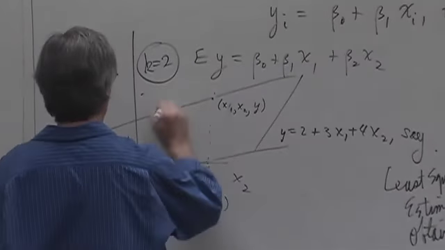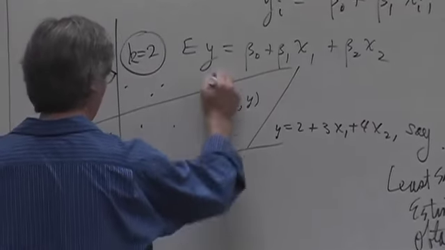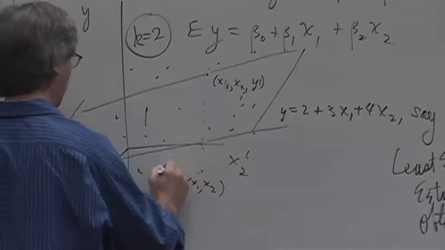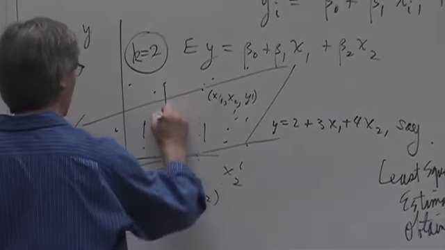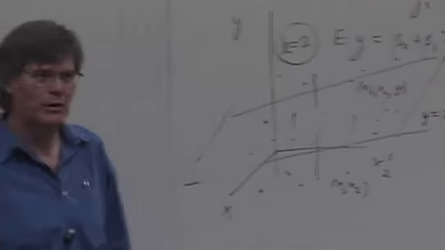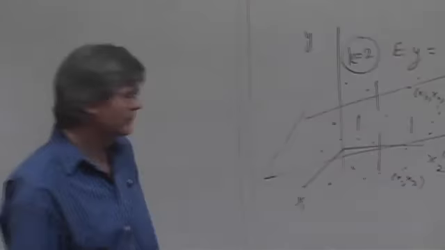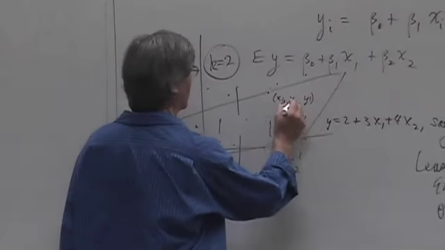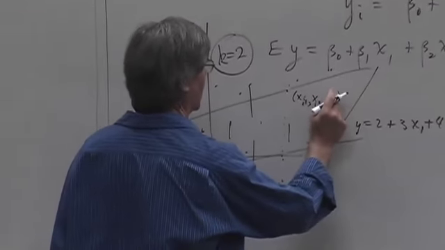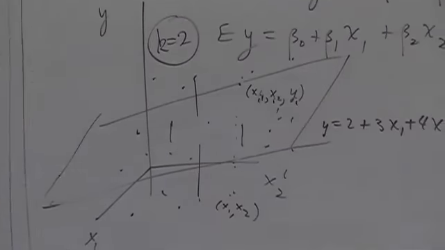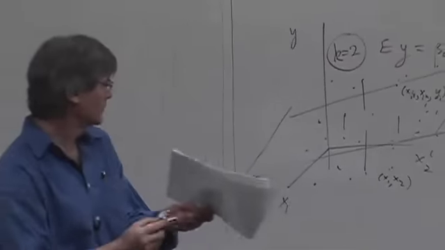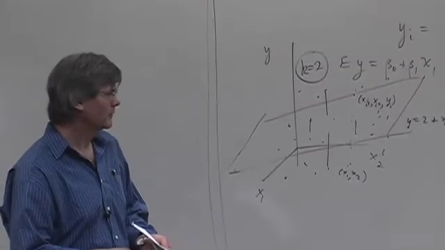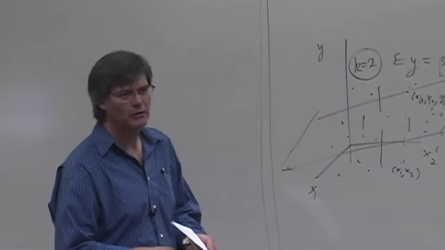I'm going to have now a cloud of dots, and I'm going to look at the vertical displacements to the plane, okay? And I want to minimize the sum of squares of those vertical displacements. xi1, xi2, yi. Least squares criterion, minimize that in beta 0, beta 1, and so on.